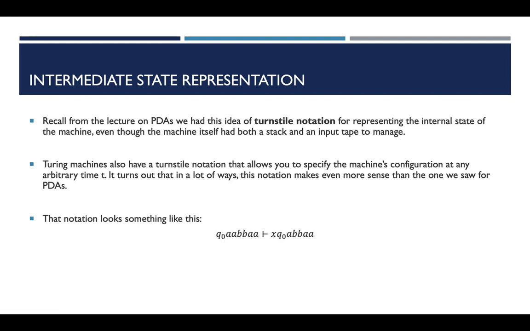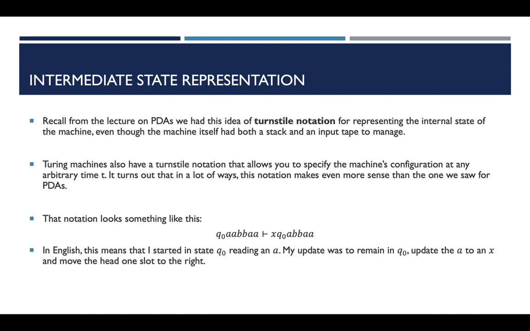What this means in English is that I started in state Q0, I was reading an A, and after my update, I remained in Q0. So on the right-hand side of the turnstile, I'm still in Q0, but I updated my A to be an X, and then I moved my Q0, my read-write head, to the right one slot.